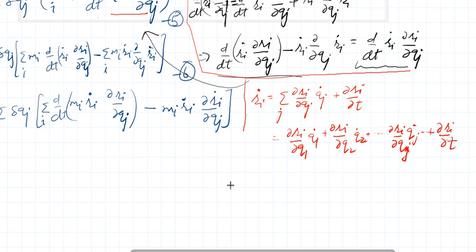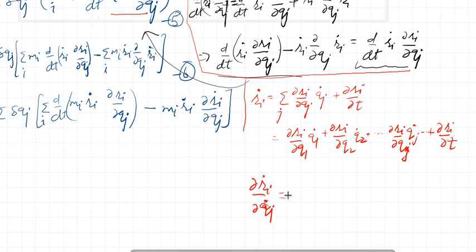Now I have to take its derivative with respect to time, so ∂Ṙi over ∂q̇j. That means I have to take its derivative with respect to q̇j.